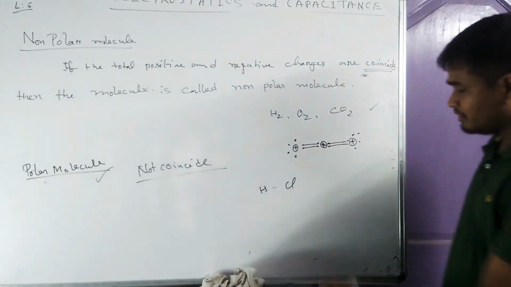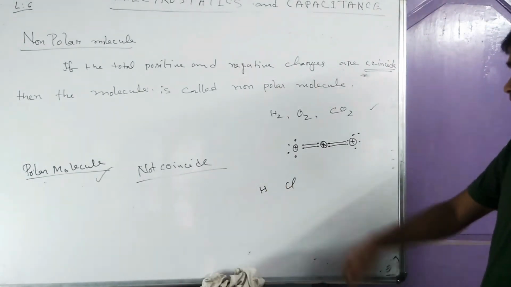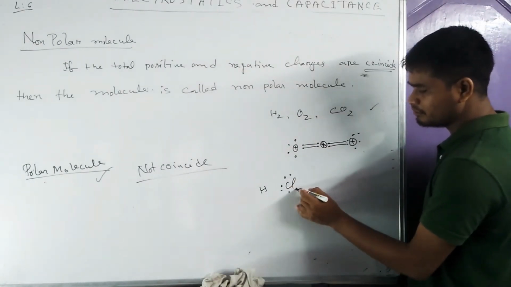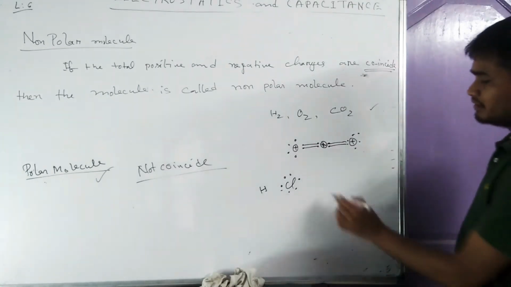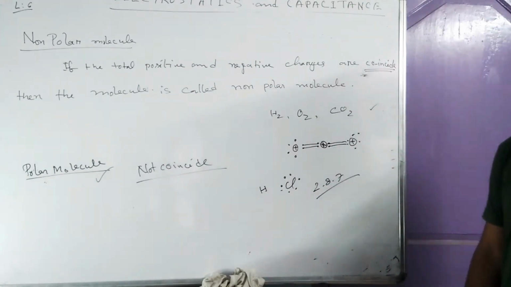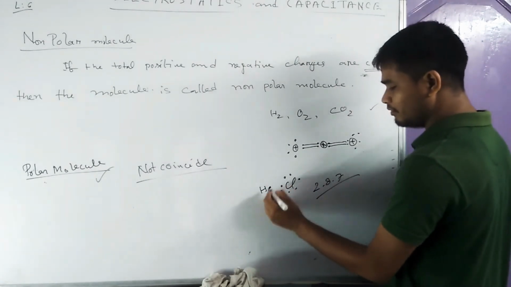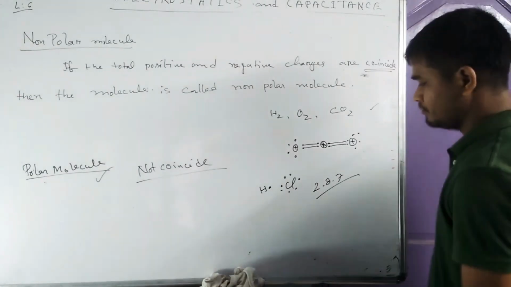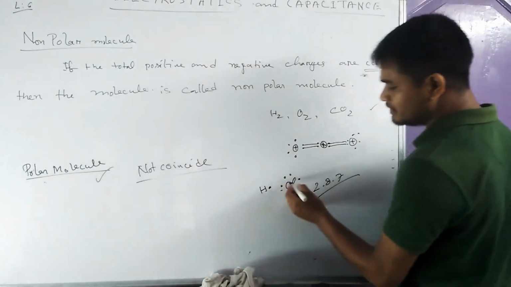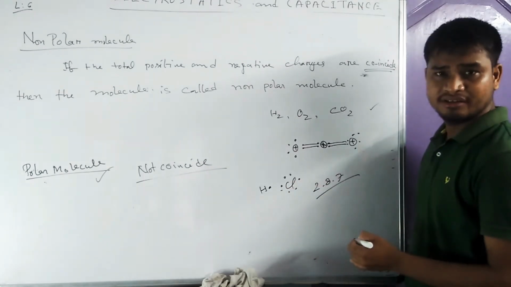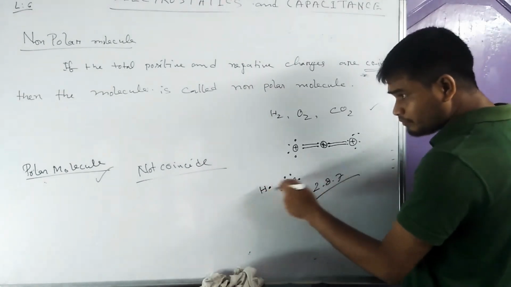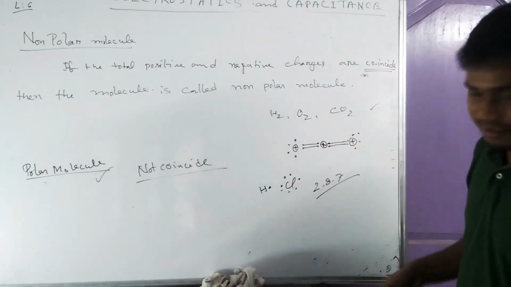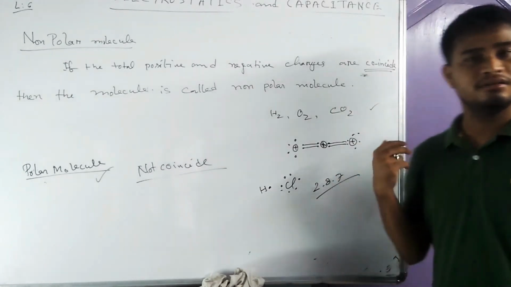How many electrons are in the outermost shell of chlorine? 7. 2, 8, 7 is its electronic configuration. Hydrogen has only one electron. Therefore, the charge will reside in the chlorine. Therefore, the positive and negative charges will not coincide in this case, so HCl is a polar molecule.